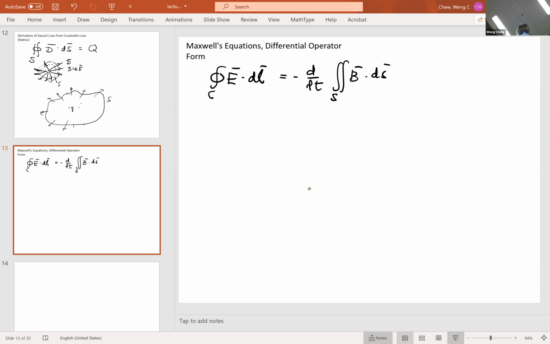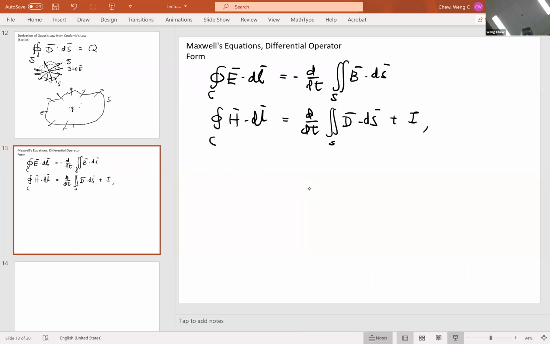And then this is Ampere's law, plus the total current I. And then we have Gauss's law, sometimes called Coulomb's law as well.